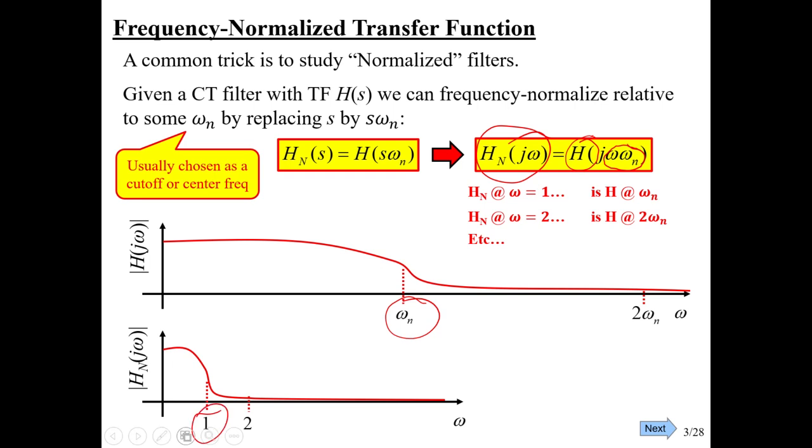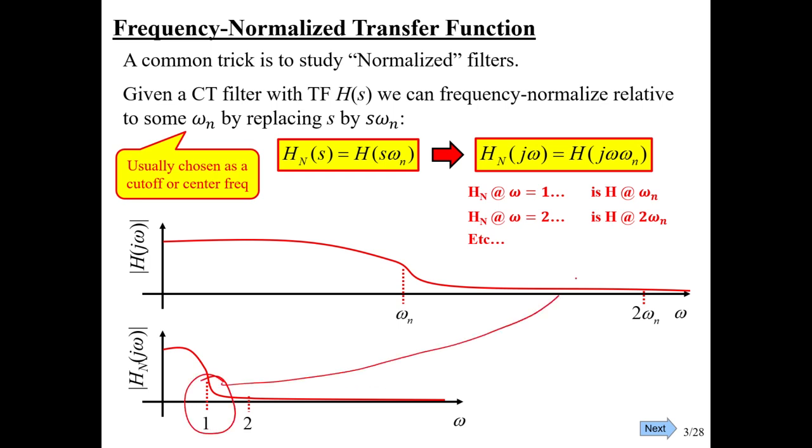This picture looks a little weird just because I drew it freehand with PowerPoint, but here's the idea. If I plug 1 into here, so I'm looking at this thing at 1, what ends up happening? There's a 1 there, there's a 1 there. It's the H at omega sub n, right?